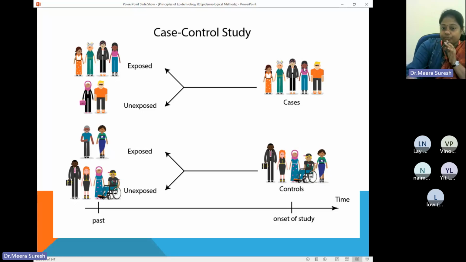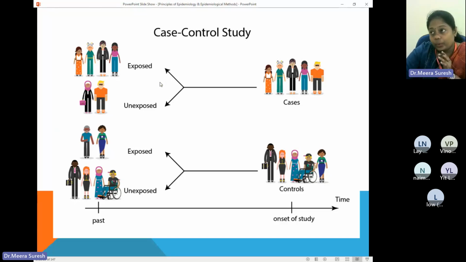So you take a group of people who are having lung cancer and a group of people who are not having lung cancer. And then you are going to question them. You give a questionnaire or you take data. It can be an interview, whichever method of data collection.